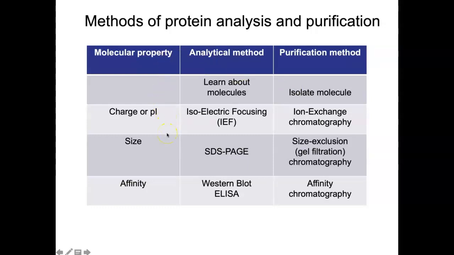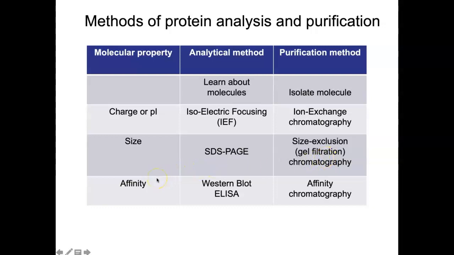When we do these sorts of techniques, we can exploit different properties of the molecule to allow for that separation. By charge or pI, you can do isoelectric focusing or ion exchange chromatography. By size, you can separate on SDS-PAGE gel, or for purification, gel filtration or size exclusion chromatography.